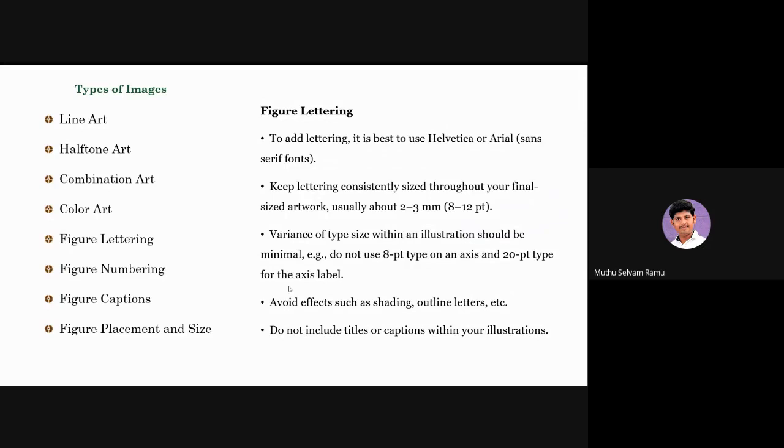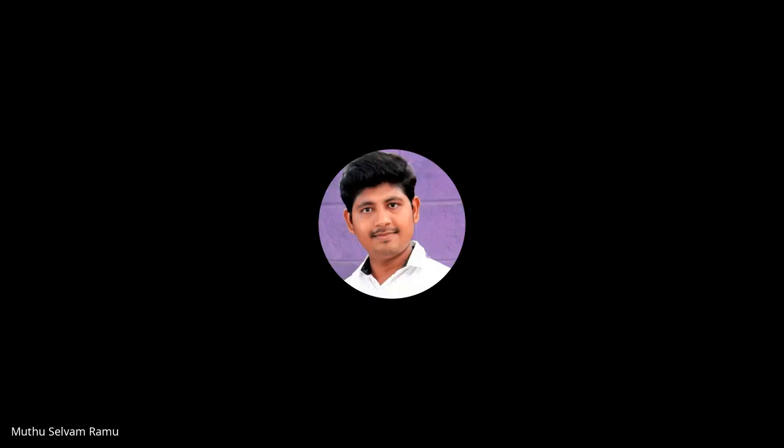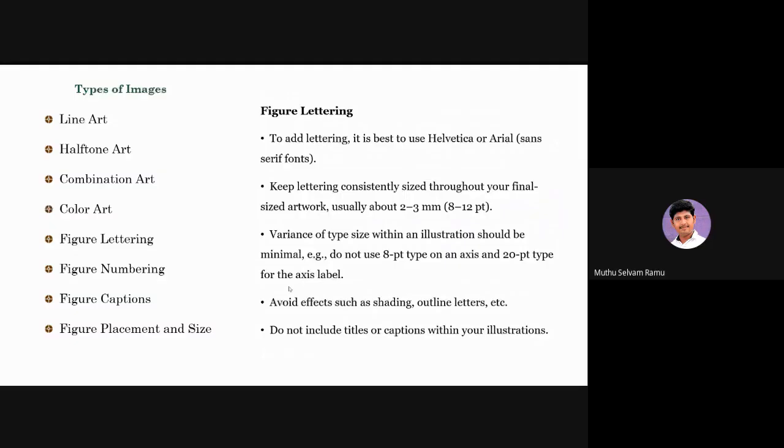So coming to half-tone art and combination art. Half-tone art are photographs, drawings, or paintings, photographs which we take with microscopes and those kinds of things. Microscope and histopathological images, everything comes under half-tone art. This should be with a minimum resolution of 300 dpi, and the brightness and color correction should be there.